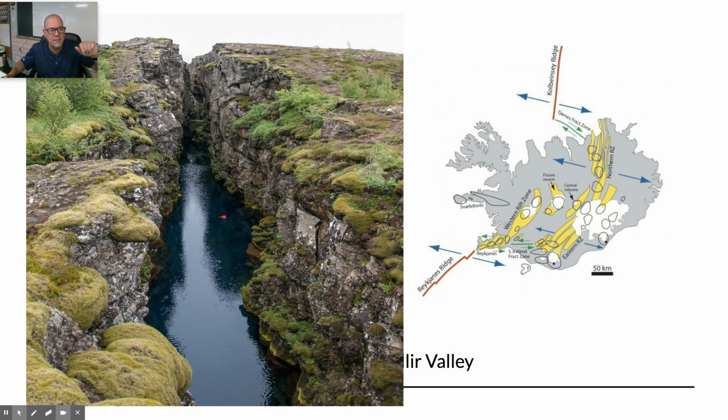Then you could walk to the other side and actually put your hand on the Eurasian plate. All right, both plates right there. Only spot in the world where you can stand and touch both. Pretty cool, right? But that is what's happening in Iceland currently.